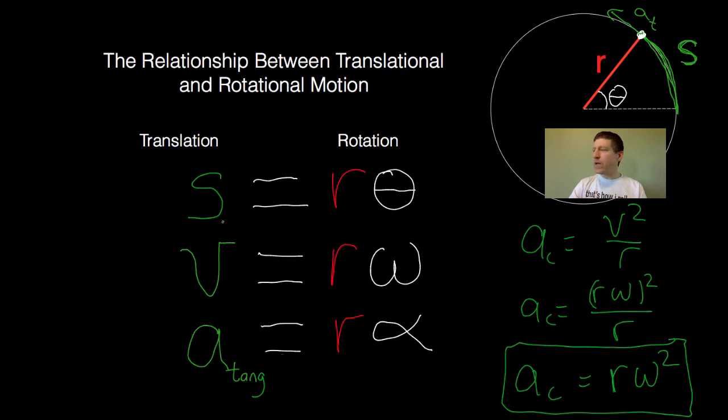If you multiply meters right here times radians per second, you just get meters per second. The radians just disappear. Also, meters times radians per second squared just gives you meters per second squared. So radians is a very convenient unit that can disappear whenever you want it to. It's the natural unit of angles. It is the natural unit for all of geometry. Degrees is just an arbitrary unit.